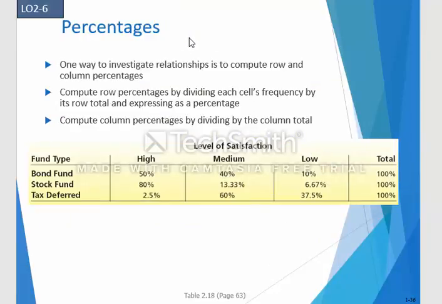One way to investigate relationships is to compute row and column percentages. So right here we're looking at a row percentage, and this is essentially like the percentage frequency that we just looked at.